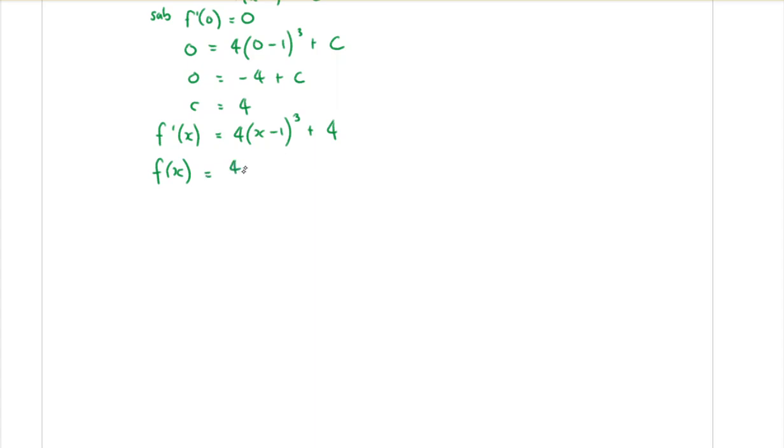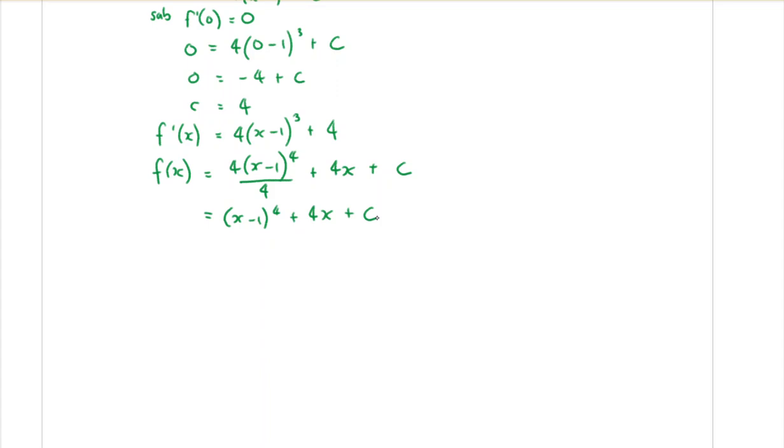Leave the 4, leave the bracket. Add 1 to the power, divide by the power. Moving on to the constant, the 4, I have to add an x to that. Don't need to divide by 1, but thank you. And add the constant on the end. Simplify. The 4's will cancel. So I have x take away 1 to the power of 4 plus 4x plus c.